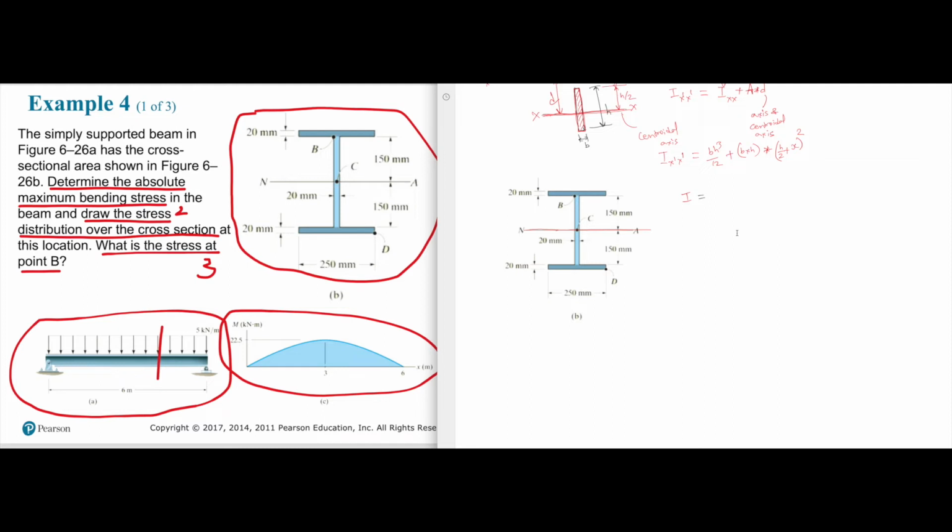We have to take three different sections. This is section number 1. This is going to be section number 2, and this will be 3. So I is nothing but moment of inertia I1 plus I2 plus I3 with respect to the neutral axis, right?